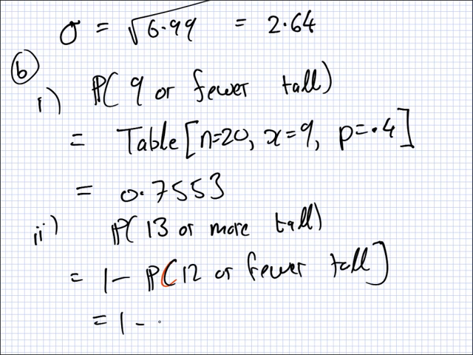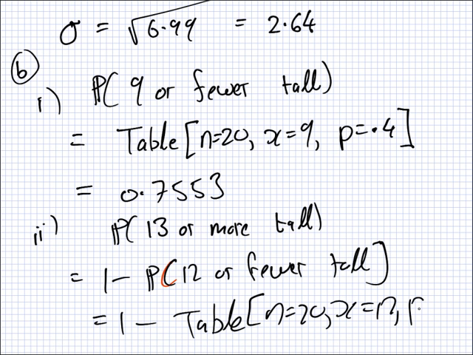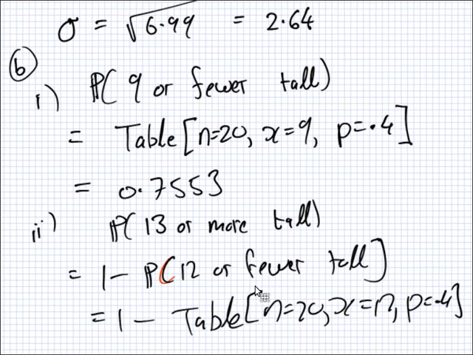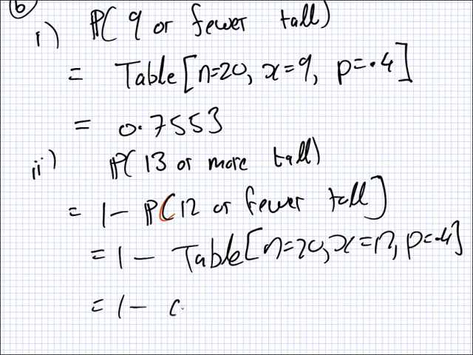So that is 1 minus, and then we go to our tables again. 0.9790. So 0.21, like that? Yeah. That's okay for 3 marks in total.